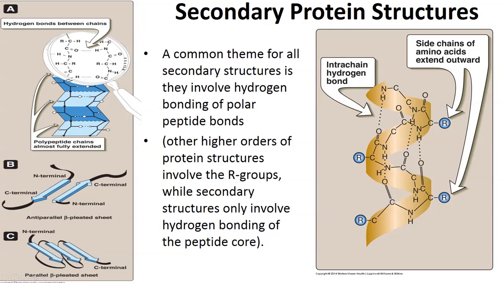In order to keep them separate, could we compartmentalize that the alpha sheet is with two separate polypeptides and the beta sheet is between one polypeptide? Okay. Well, if I implied that, I misspoke. So when we're talking about the alpha helix and the beta sheet, it's still one polypeptide.